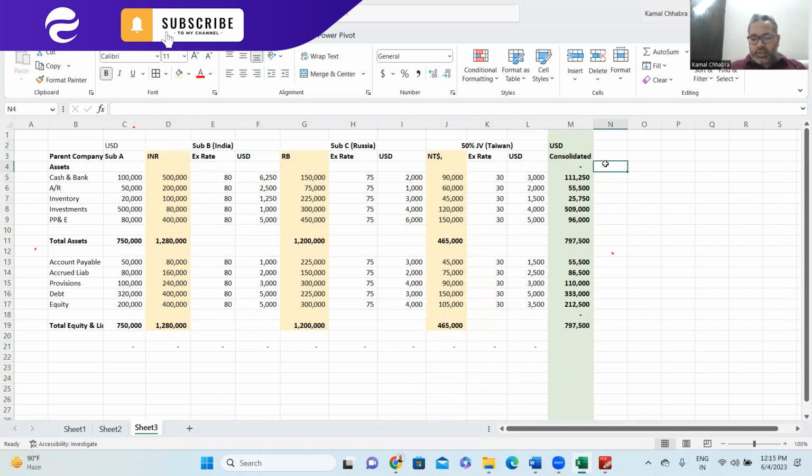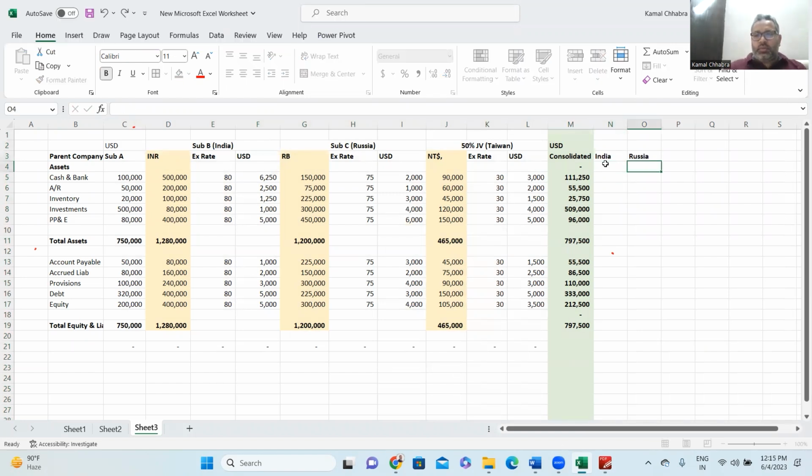What do you mean by permutation and combination? So here, let's say India, Russia, and then third is Taiwan. So here you can see how much is the total asset of India compared to consolidation.